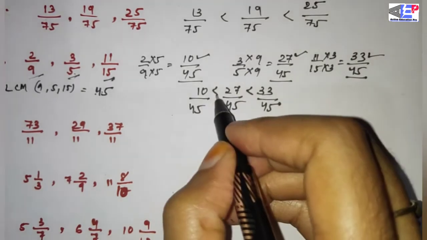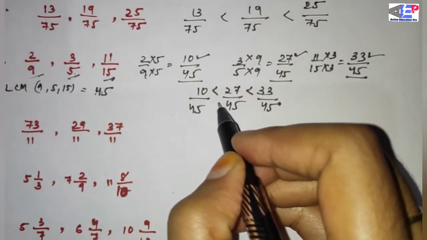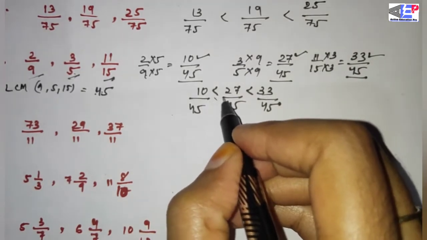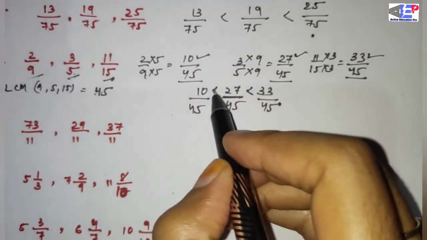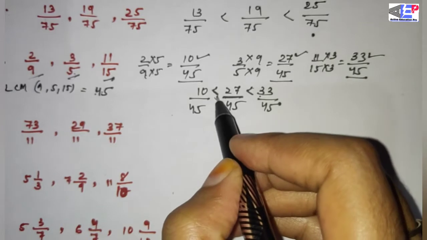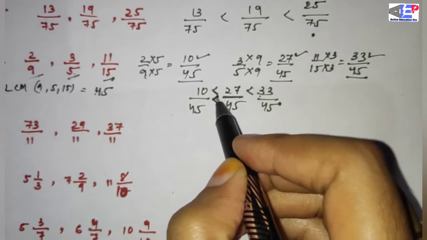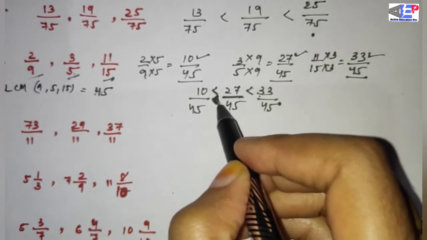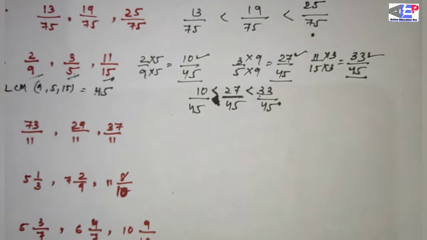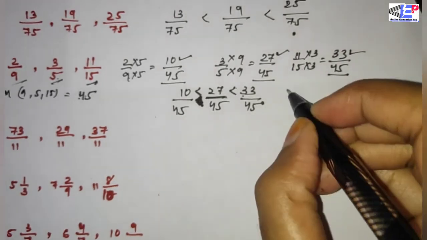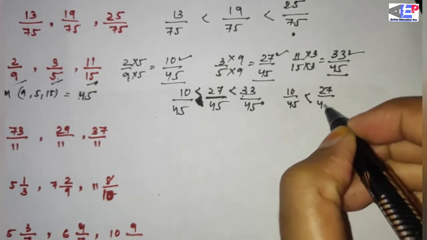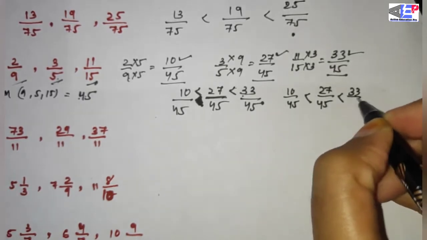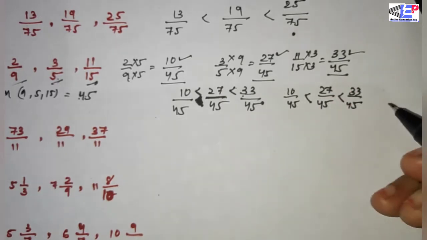Again you can write it by putting the less-than sign at the middle position, aligned with the fraction line. Don't put it at the numerator place; put it at the midline place. I write here again 10 by 45 smaller than 27 by 45 less than 33 by 45, and these are the new equivalent values.